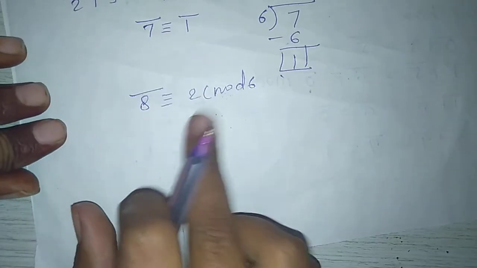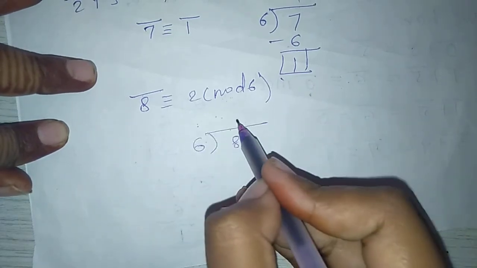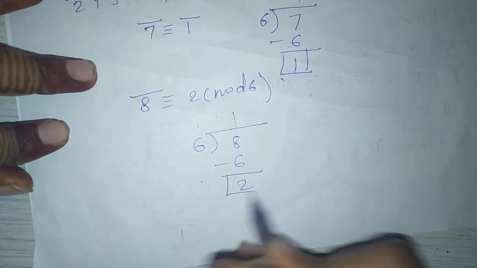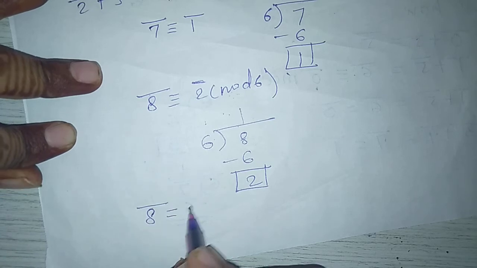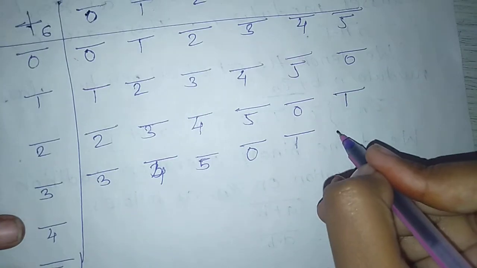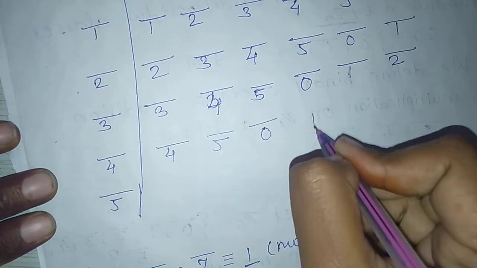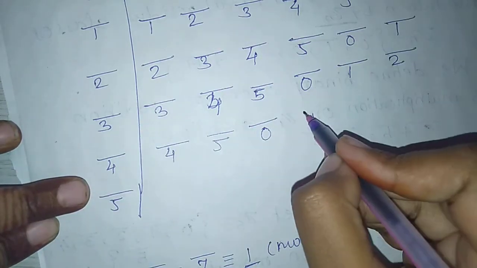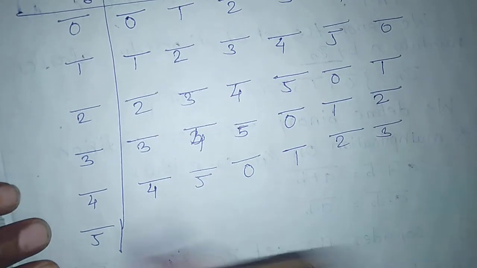How is it? Here we get remainder 2, means 8 bar equal to 2 bar. Similarly, for this, here we get 6, 0 bar, 4 plus 3, 7, under modulo 6, 1 bar, 4 plus 4, 8, we get 2 bar, 4 plus 5, 9, 3 bar.